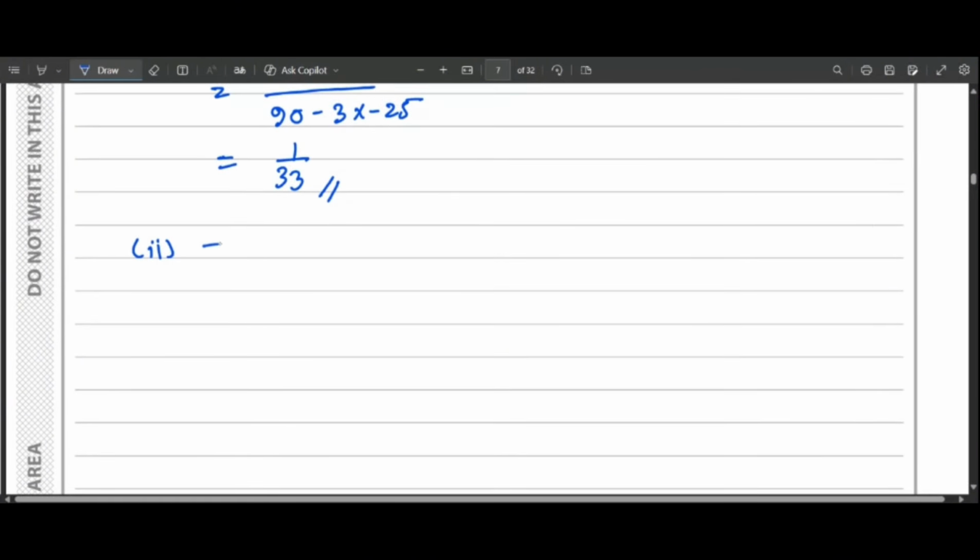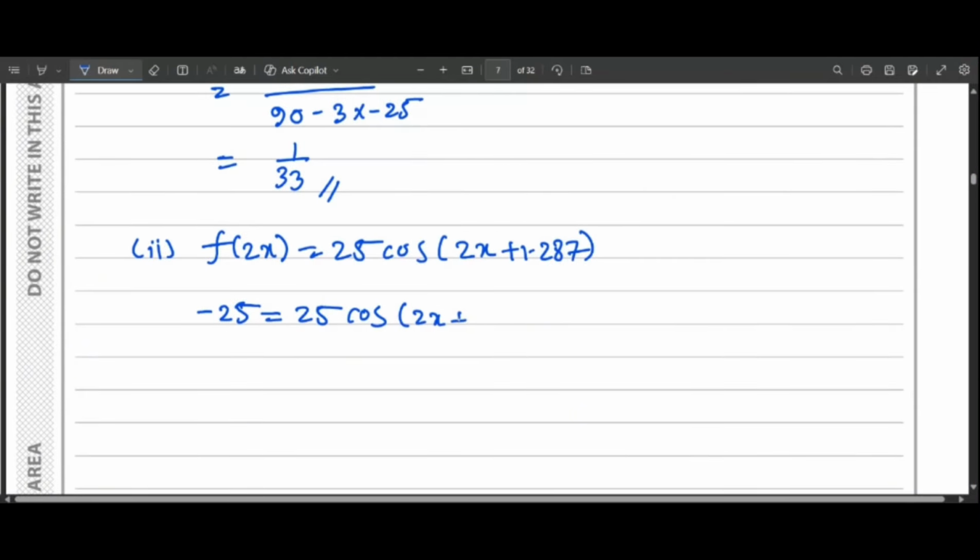So we can write f(2x) is equal to 25 cos(2x + 1.287). Now we know that at the minimum value we have minus 25 equal to 25 cos(2x + 1.287). Now we can find from here that minus 1 equals cos(2x + 1.287).